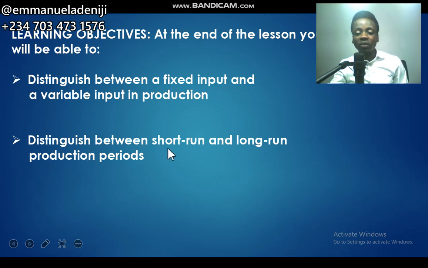But variable inputs are inputs whose quantity can be altered or varied or changed in the short run as the firm seeks to expand output. We also said in the short run, the firm uses fixed input in combination with variable input. There is at least one fixed input, but in the long run, no input is fixed. All the inputs are variable.